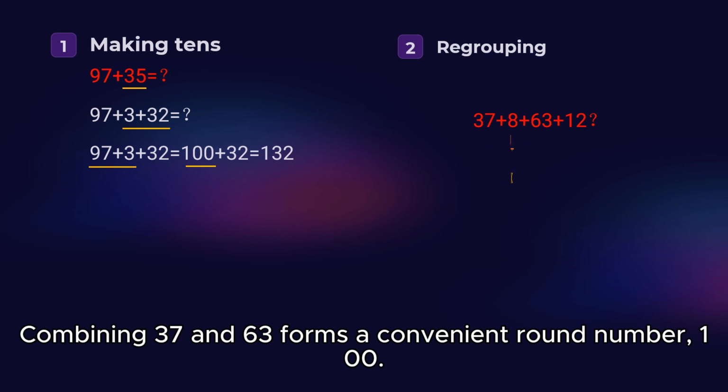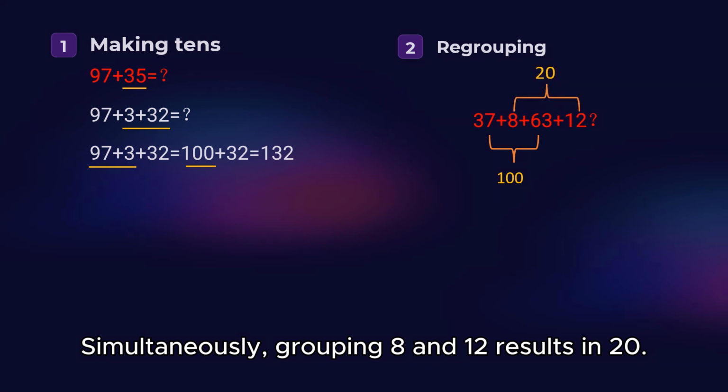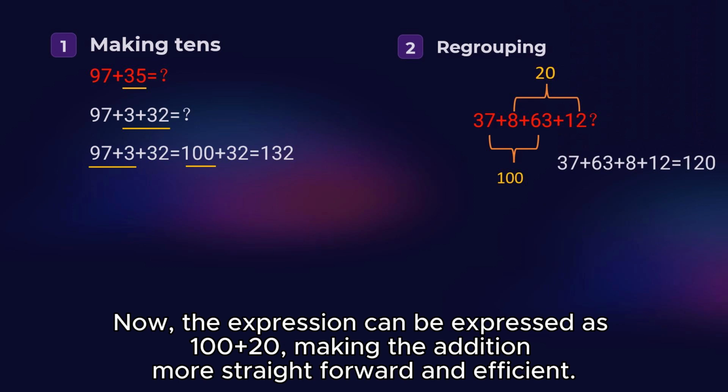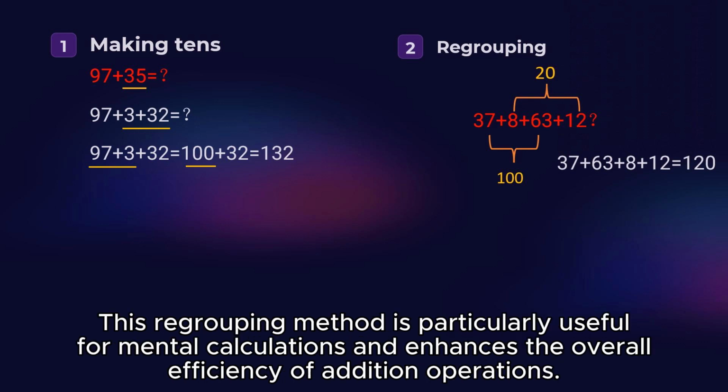Combining 37 and 63 forms a convenient round number, 100. Simultaneously, grouping 8 and 12 results in 20. Now, the expression can be expressed as 100 plus 20, making the addition more straightforward and efficient. This regrouping method is particularly useful for mental calculations and enhances the overall efficiency of addition operations.